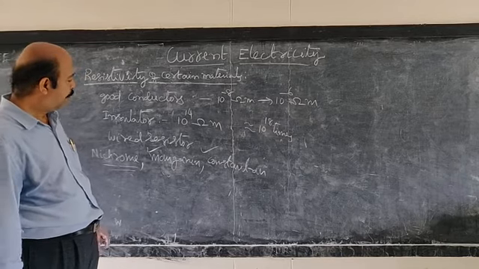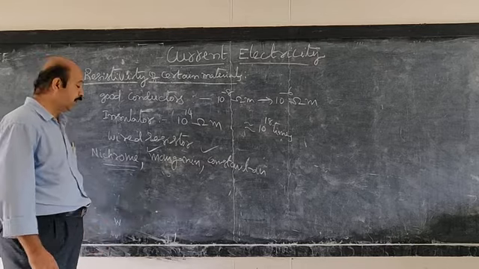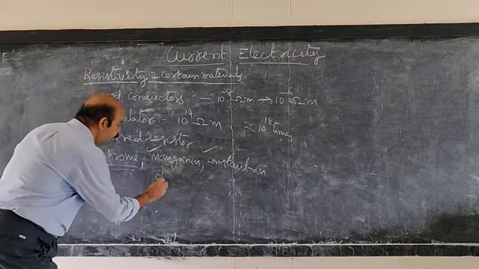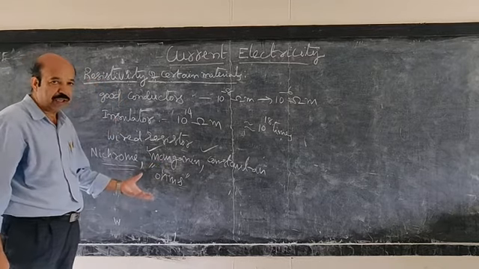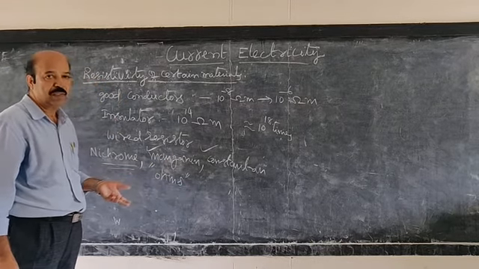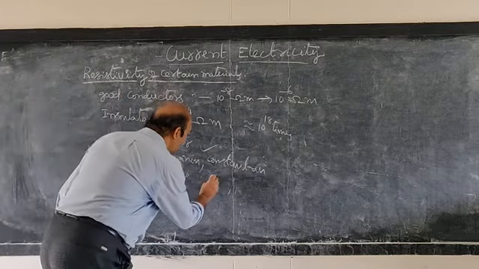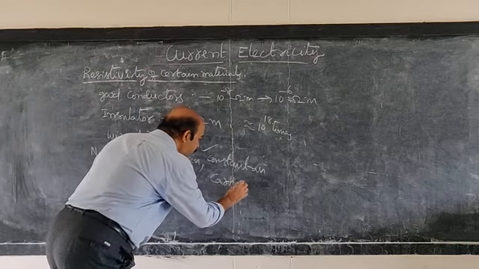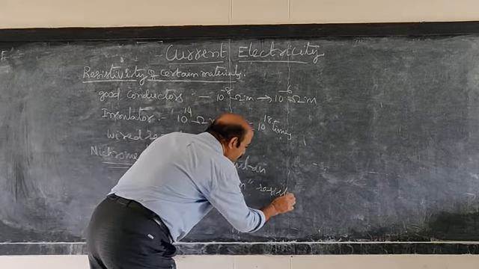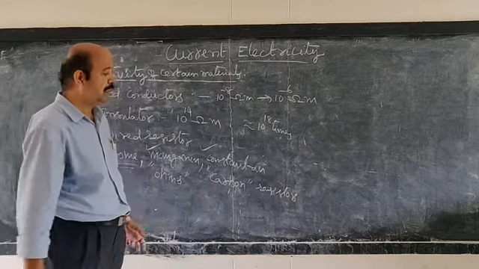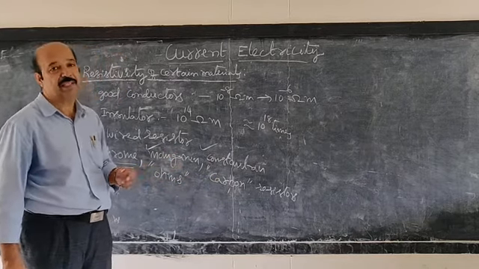You can use these wire resistors to prepare resistors of values of the order of ohms only, that is, from a fraction of an ohm to say 100 ohms. If you want higher resistances, they are made up of carbon. Carbon resistors have large values, they can be prepared easily, and they are smaller in size.